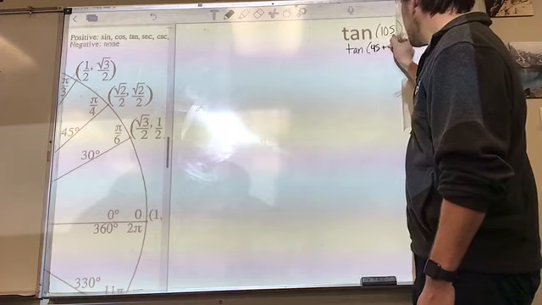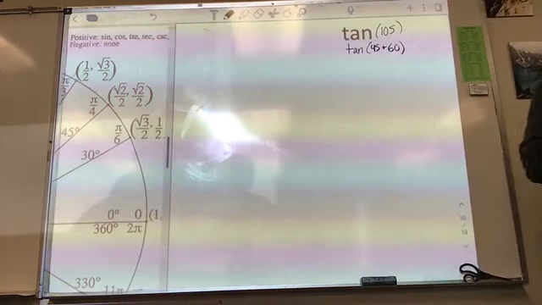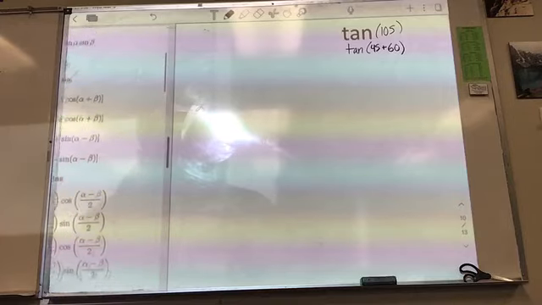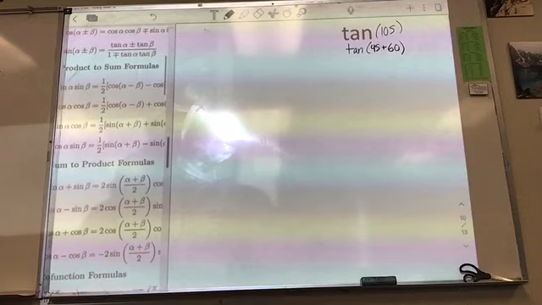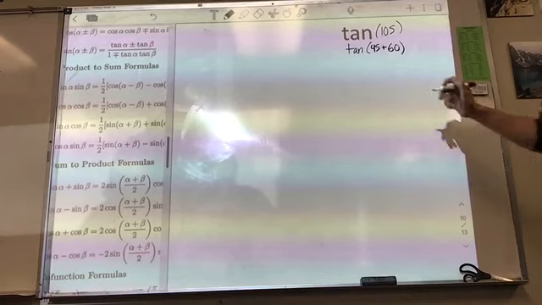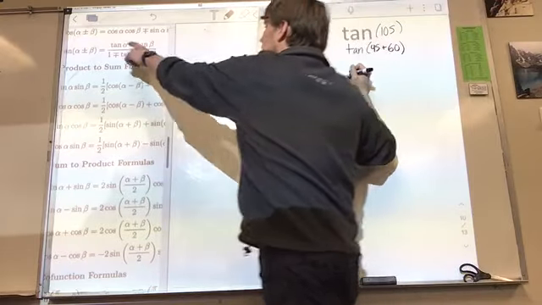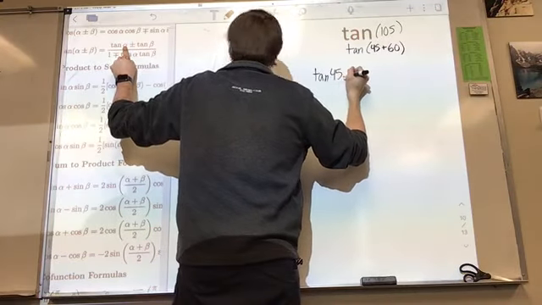Okay, so tangent is a bigger formula. Here's our tangent formula right there at the top. So tangent is tangent of A, so tangent of 45.